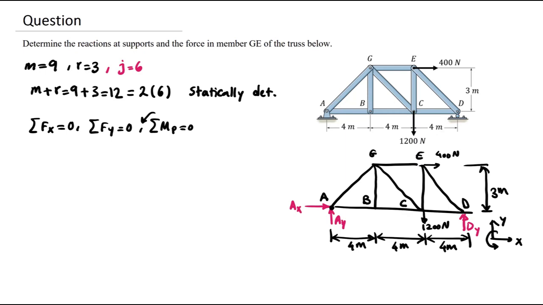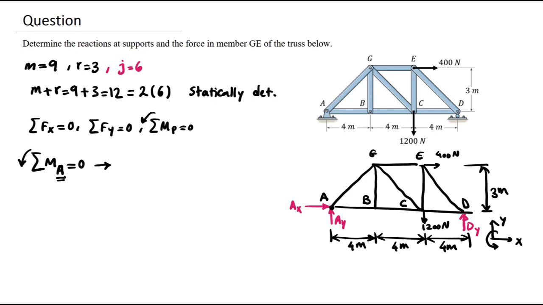So sum of moment about A will be equal to 0. What's the definition for moment? Force times distance, starting from the point of interest, perpendicular to the line of action of the force. Counterclockwise is positive, clockwise will be negative.